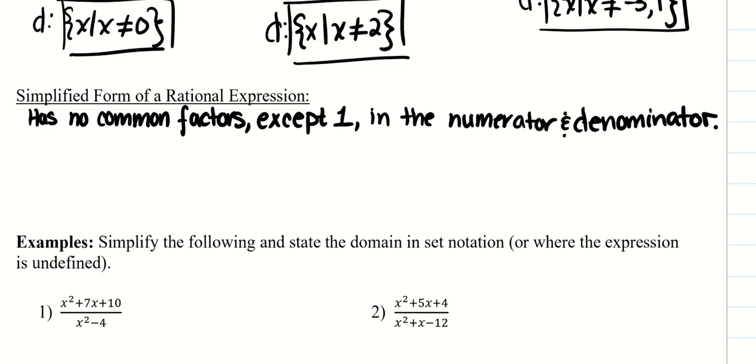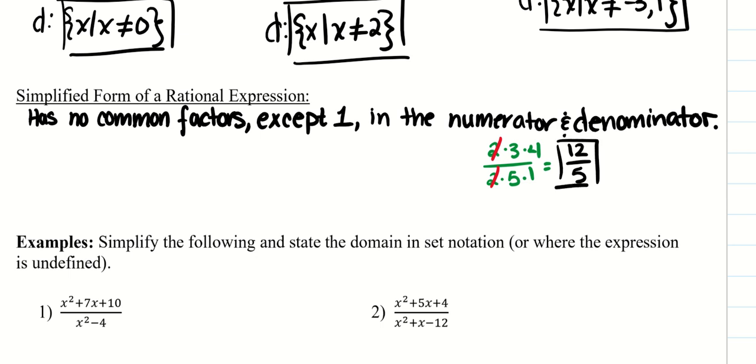So if I have 2 times 3 times 4 over 2 times 5 times 1, common factors, if I'm reducing, means that I'm getting rid of these multiples where they appear in the numerator and the denominator. So the only common factors that I got rid of were 2 and 2. 3, 4, 5, and 1 are not common. So if I multiply those together, the simplified form of this would be 12 over 5.